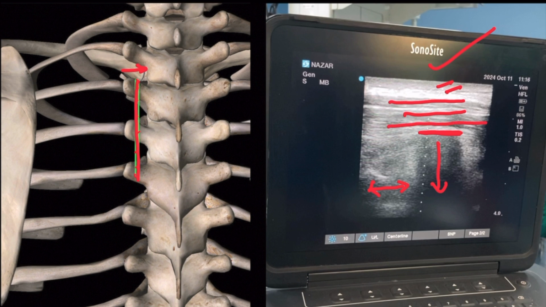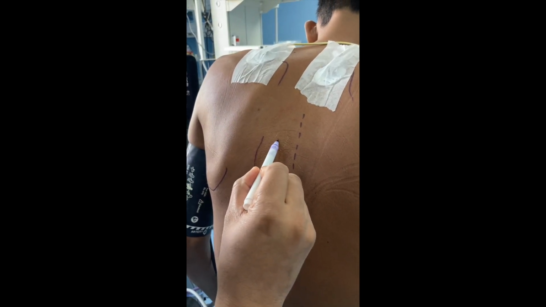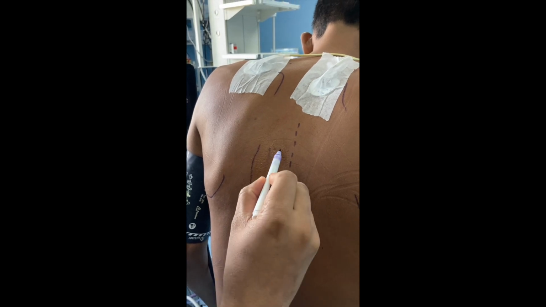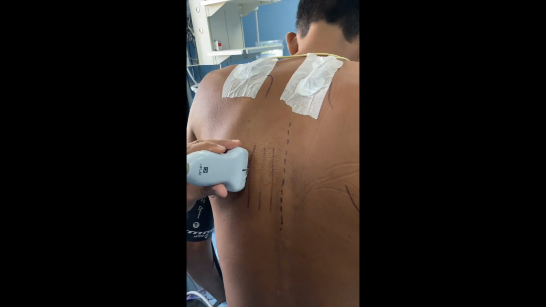So we have to deposit the drug between the transverse process and the erector spinae muscle. First, I am drawing three lines: first at the level of the rib, second at the level of the costotransverse joint, and third at the level of the transverse process.